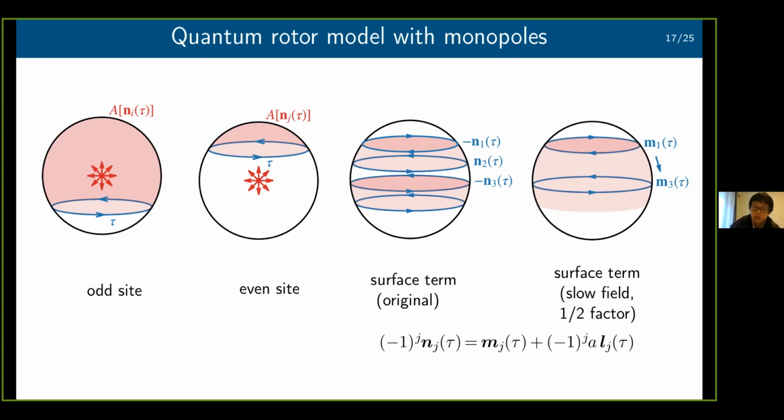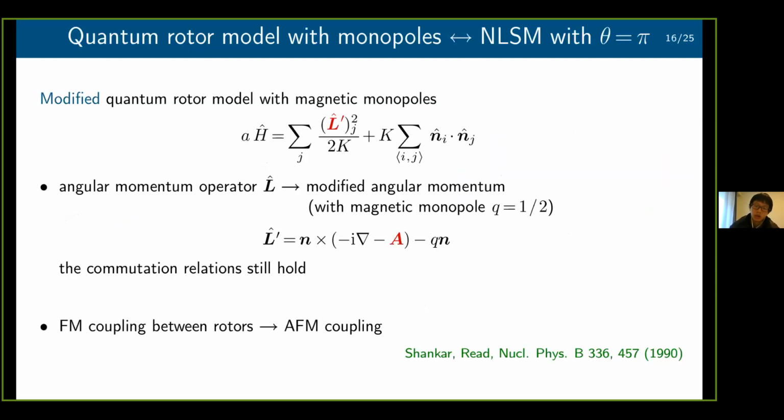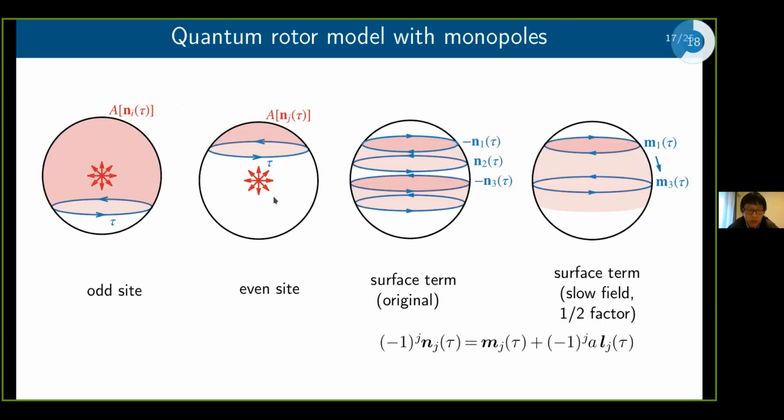And since we have employed the anti-ferromagnetic coupling between the rotors, the nearest neighboring rotors will become almost anti-collinear to each other. So the surface term that comes from the magnetic field at the unit sphere will almost cancel between the nearest neighbors. So there will only be a ribbon contribution covered by the trajectories of different rotor points at the unit sphere.